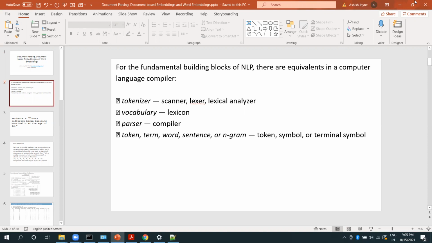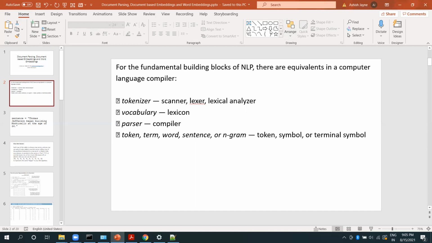The corresponding equivalent, if you have studied computer language compilers, is the scanner or lexer. When you have to compile code, you have to scan the code and figure out if there are any syntax errors.